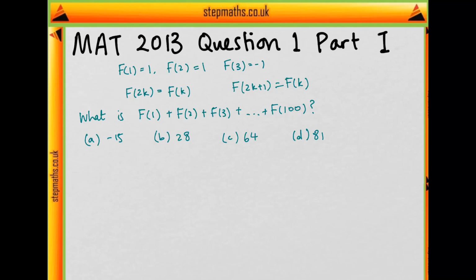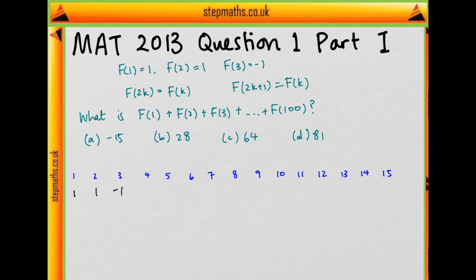So the easiest way to see what's going on is to just try a few numbers in and see if we can see any sort of pattern. We see that f of 1, f of 2 and f of 3 have all been defined: 1, 1 and minus 1. Because of this recursive definition, f of k is going to define 2k and 2k plus 1.